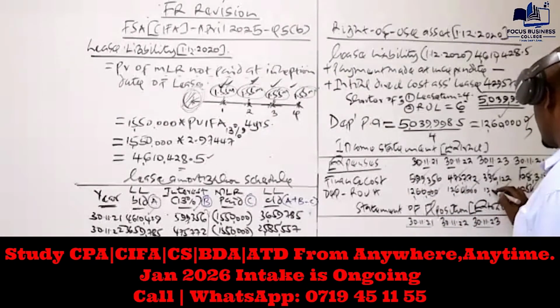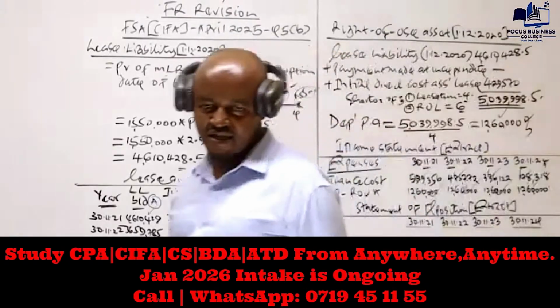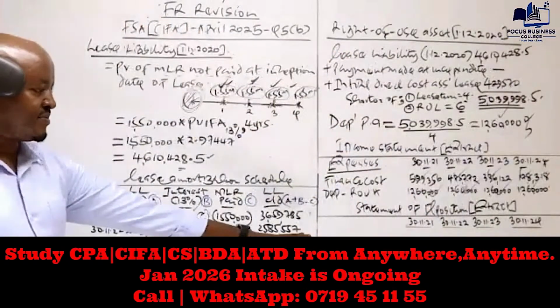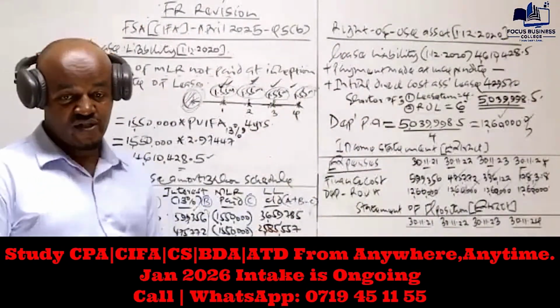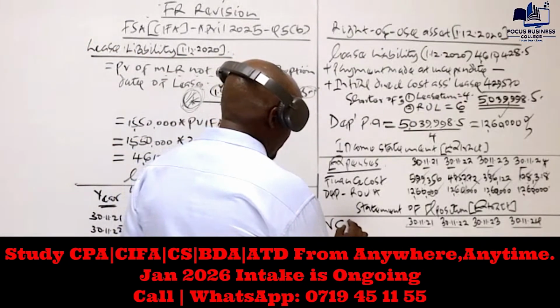I think it is our rounding off along here, but it should be 1260. So 3 items are to be recognized here, one of which is the right of use asset. The right of use asset we recognize as part of the non-current assets. So under the non-current assets, we will have the right of use asset.